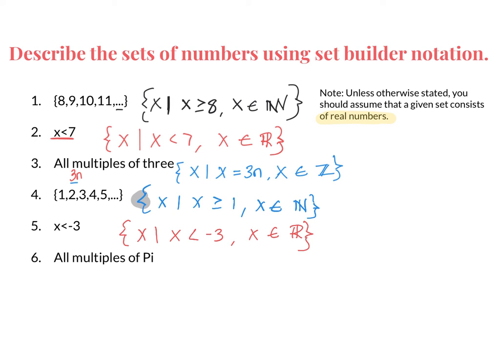And for the last one, multiples of pi, that means we're basically multiplying by pi all the time. So I'm going to put pi n, or n times pi.